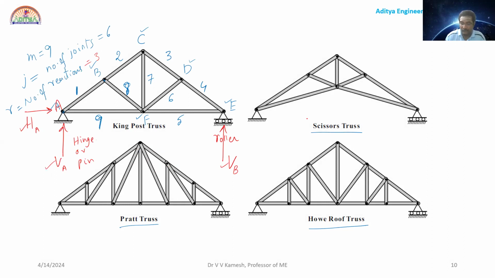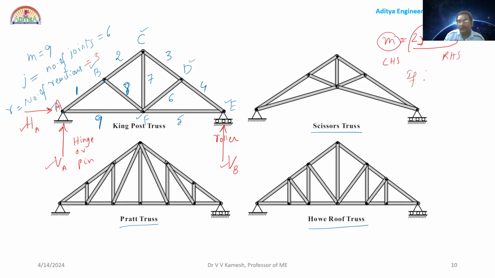Now I will do the calculation on the right side. Now I need to satisfy the condition M is equal to 2J minus r. M is the LHS, 2J minus r is the RHS.